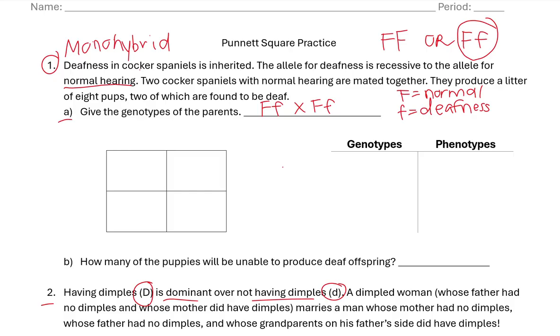Then the next thing that we need to do is show the possible genotypes, phenotypes, and probabilities for the offspring. So I'm going to start with my Punnett square. I'm going to write the genotype of one parent on the top and the genotype of the other parent on the left-hand side. It does not matter which parent you choose to be on the top or the left-hand side, even if they were not the same.